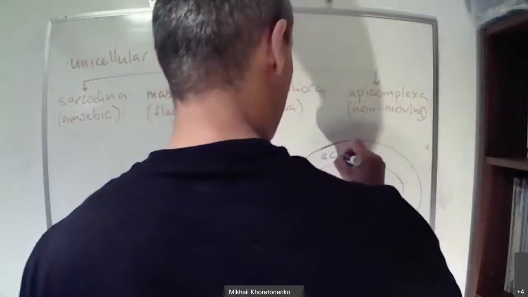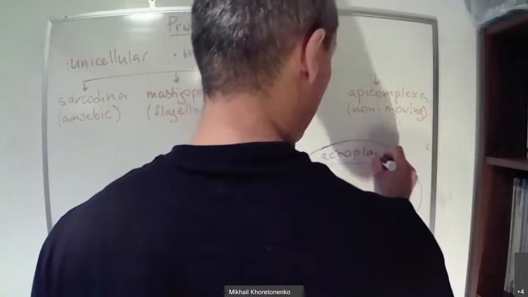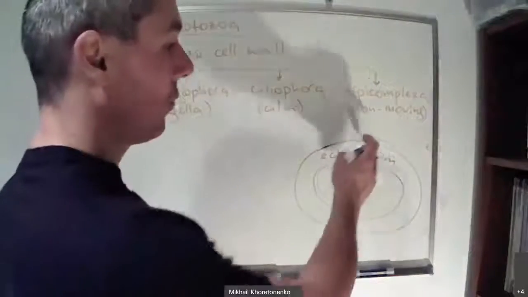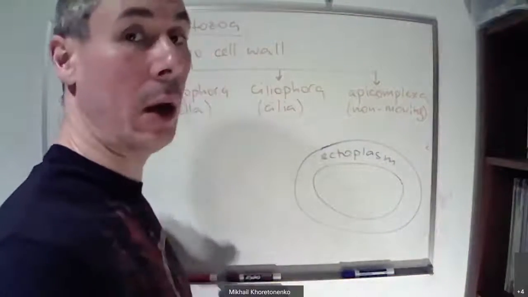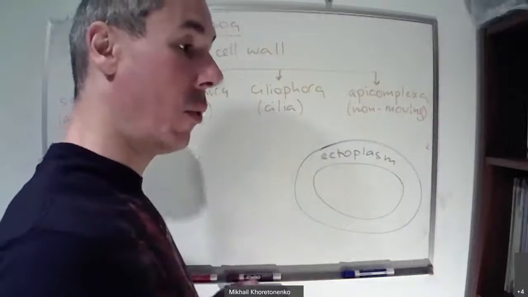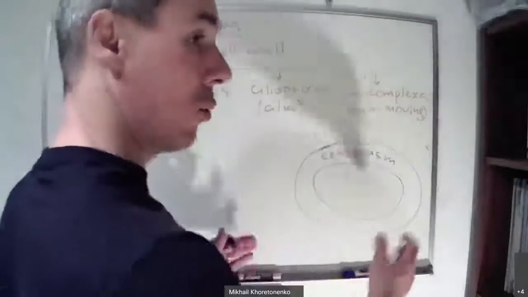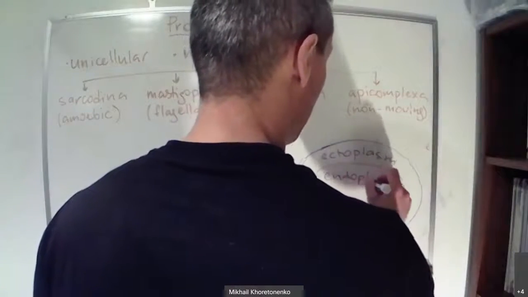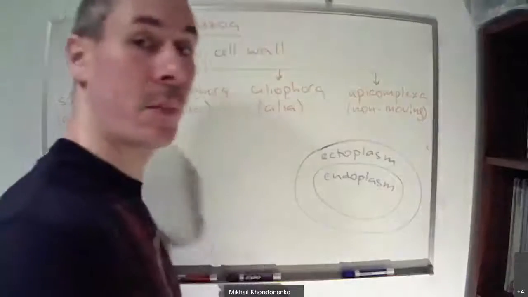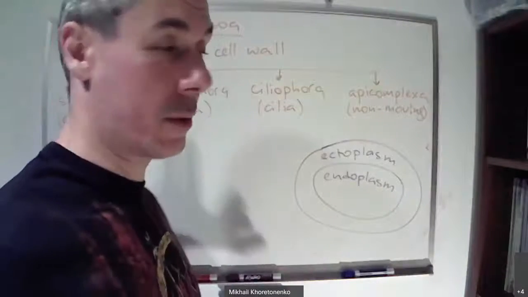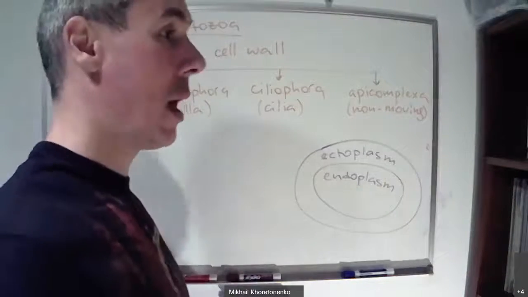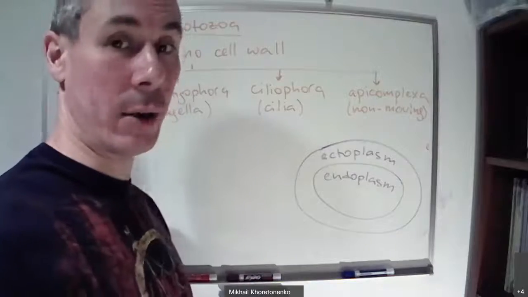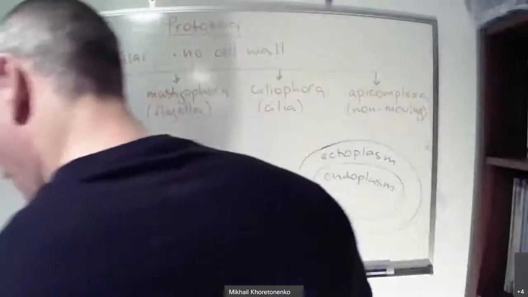The outer ectoplasm is responsible for moving, feeding, and the activities that involve interaction with the outside environment, while the endoplasm contains all the internal structures of the cell, such as mitochondria, apical complex, contractile vacuole, and so on and so forth.